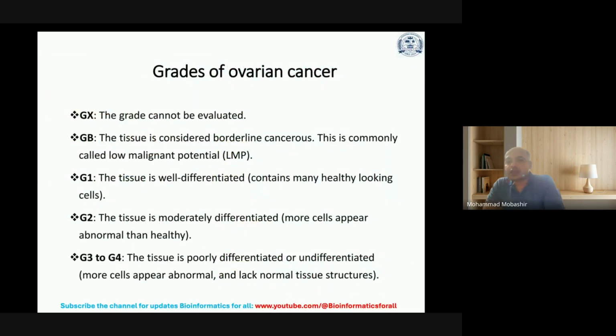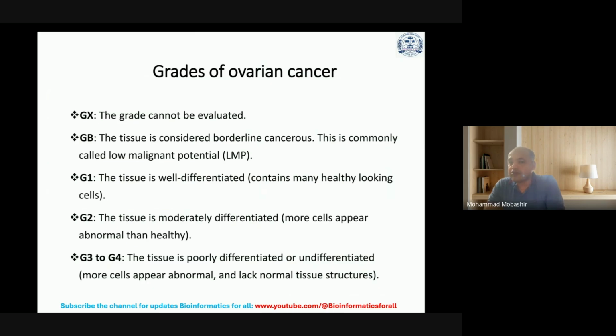Now, the different grades of ovarian cancer, which you in general could observe in the medical report. For example, GX, the grade cannot be evaluated. GB, the tissue is considered borderline cancerous. This is commonly called low malignant potential or LMP. G1, the tissue is well differentiated.